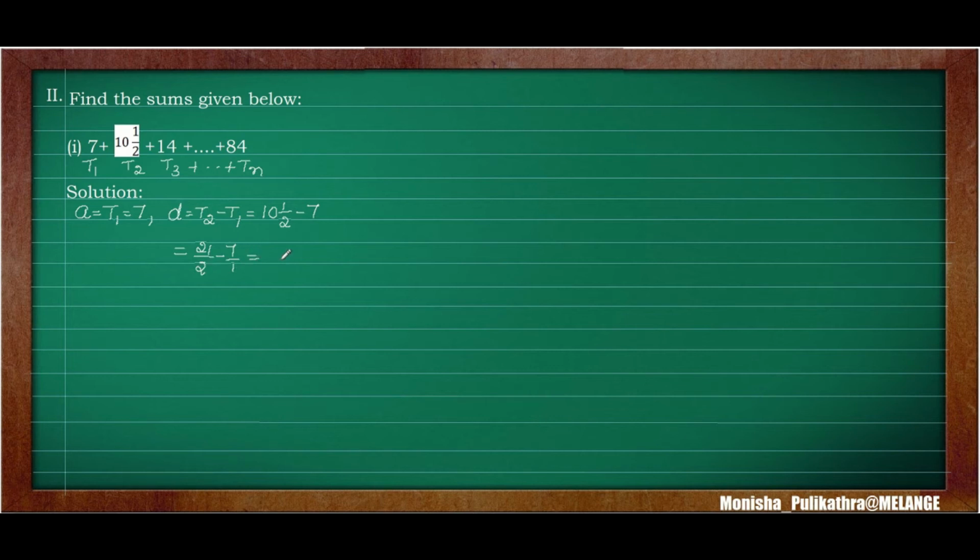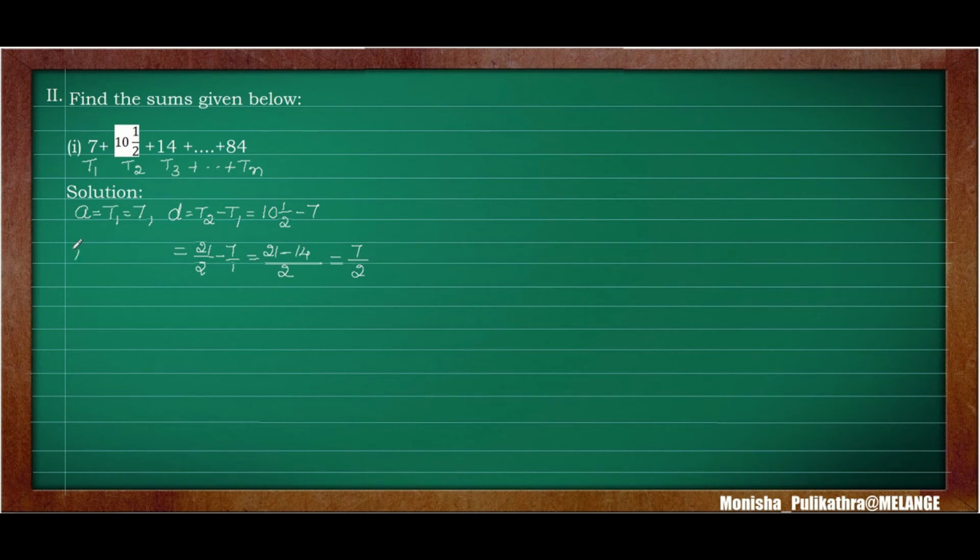So here the LCM is 2. When LCM and denominator are the same, the numerator will be written as it is. Next 1 2s are 2, 2 7s are 14. So the common difference is 7 by 2.